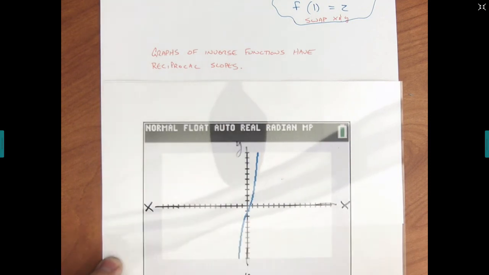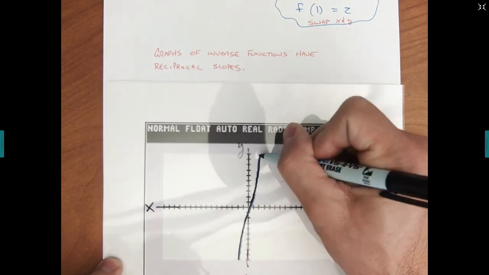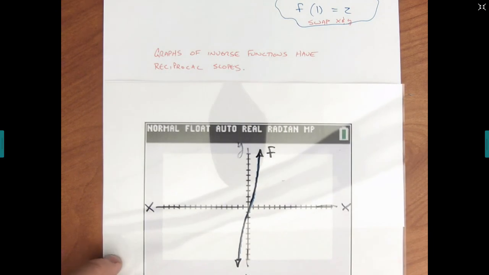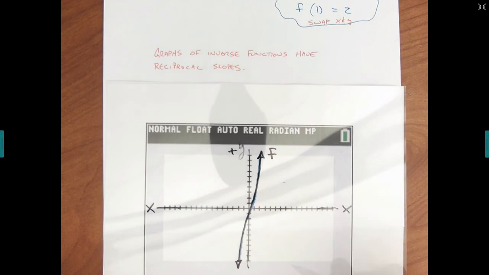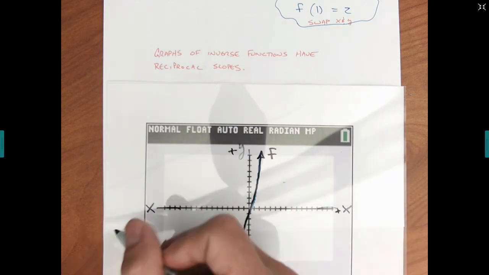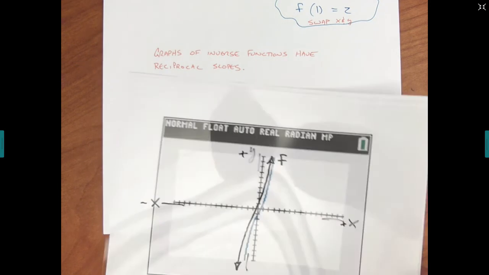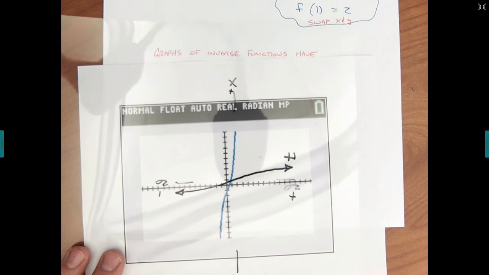These are x-axes and our y-axes, and we can trace the function right through here like this, and then just say that's f. Now, because the inverse function swaps x and y, I need to make sure that this is my positive y direction, this is the negative y direction, this is the positive x direction, this is the negative x direction. So when I swap x and y, I want to be careful that I swap them the right way, right?